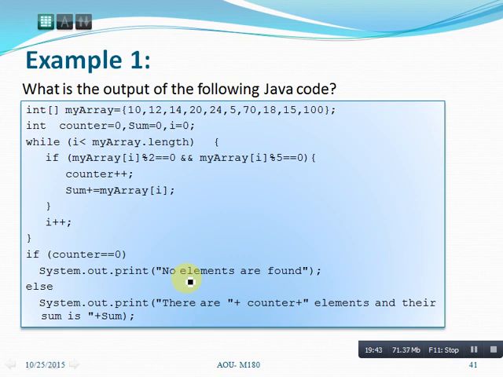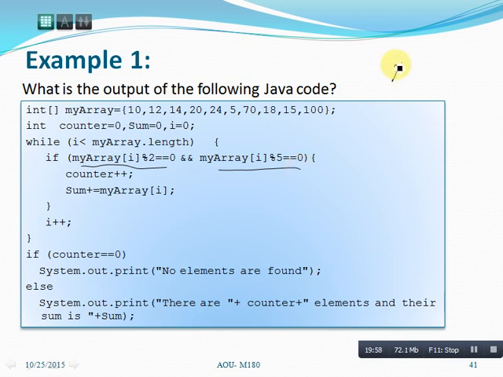Now here is an example asking you what is the output of this code. So here, the condition to know the output is my array of I mod 2 is equal to 0 and my array of I mod 5 is equal to 0.